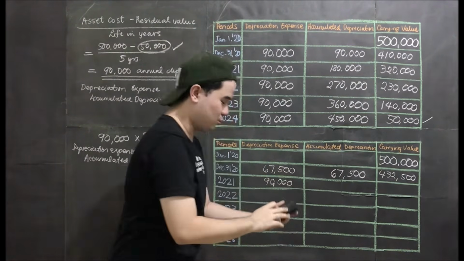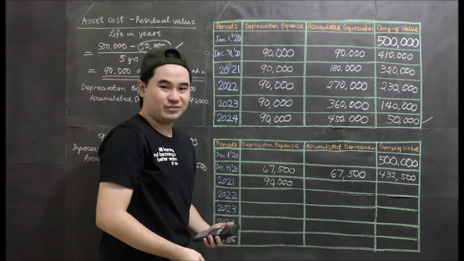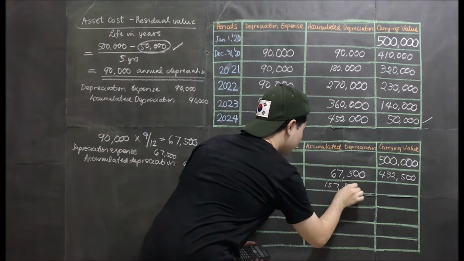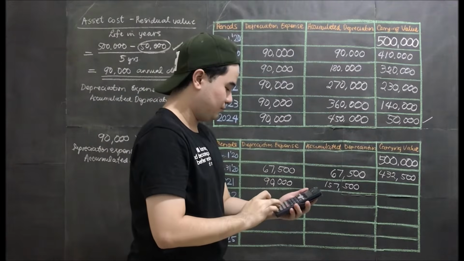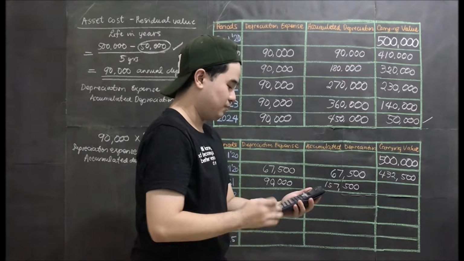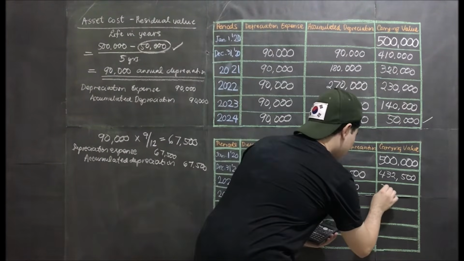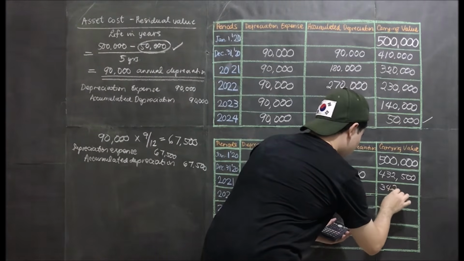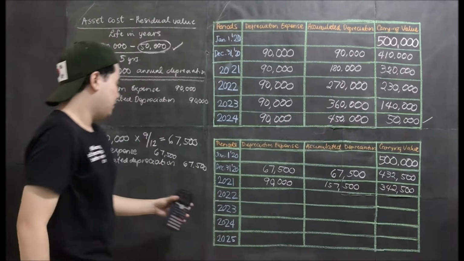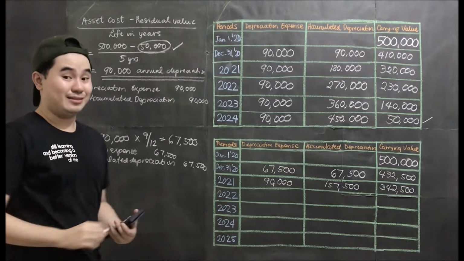Then you add these two, 67,500 plus 90,000 will give you 157,500. So the carrying value will be 342,500. So on 2021, your entry would be still the same, but this becomes 90,000.